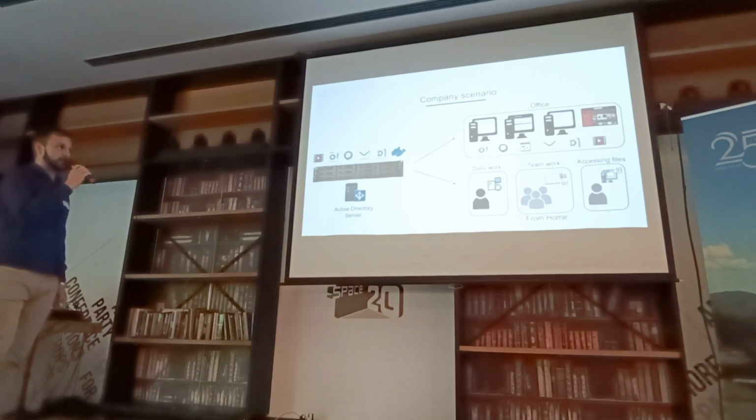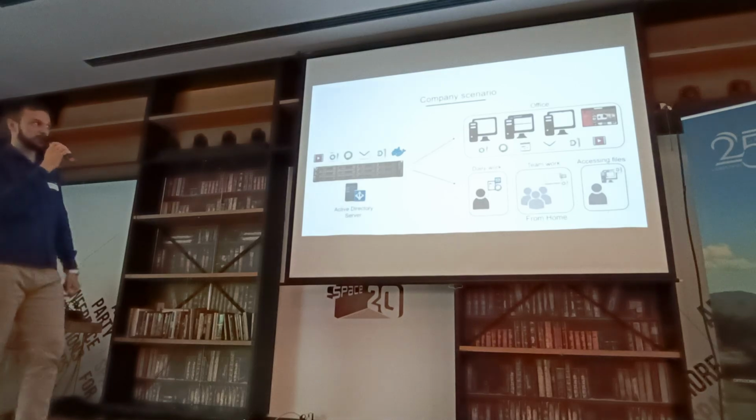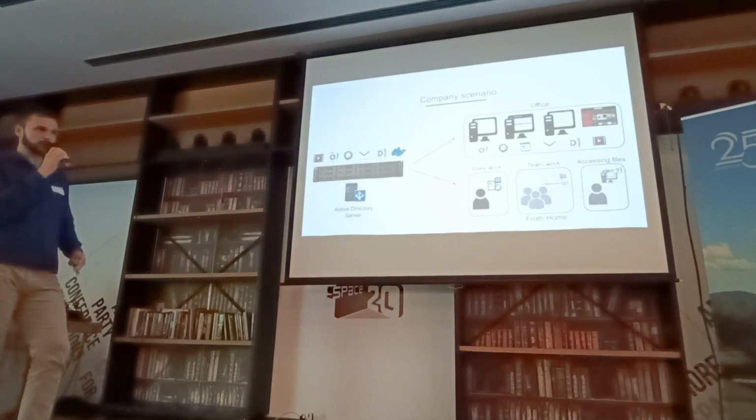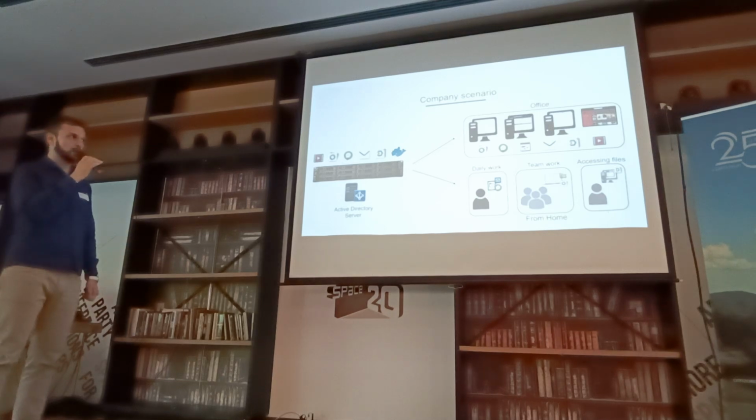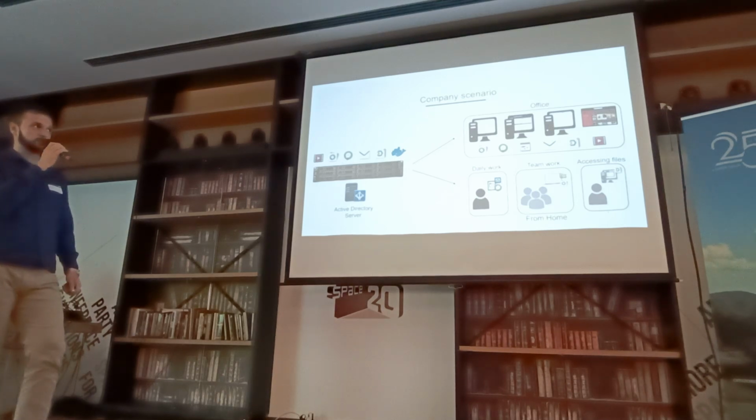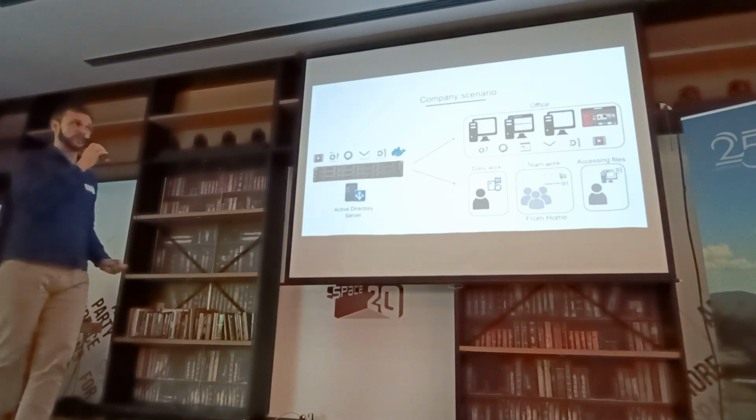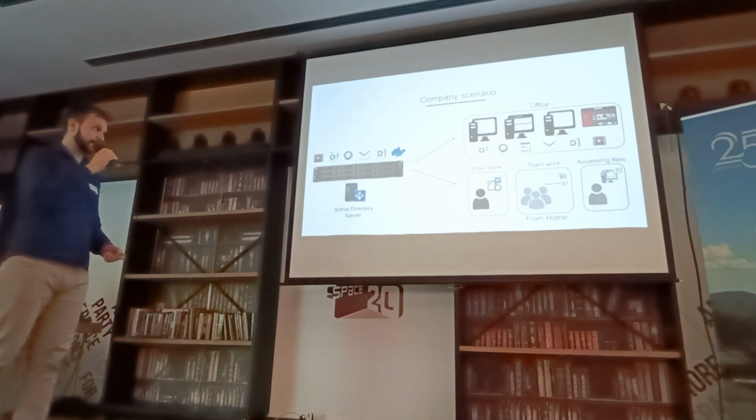Here I just decided to put this diagram into a small company scenario. So for example, let's think of this as a bigger company that has up to 100 employees, and they are using Synology, I would say, utilizing most of its applications.